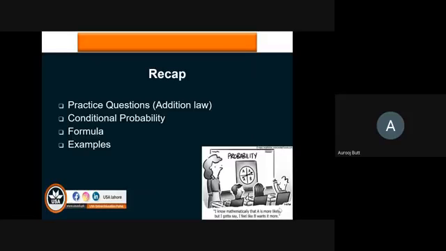Addition law basically होता क्या है आपके पास? Probability A union B. Probability A union B means कि या तो events जो outcomes हैं या तो वो event A में होंगे या तो वो event B में होंगे या तो वो दोनों events में हो सकते हैं.